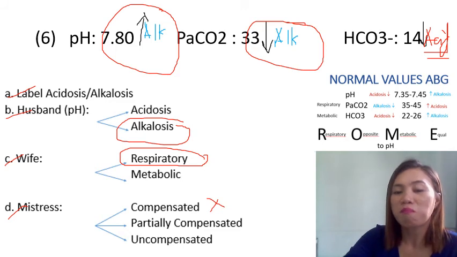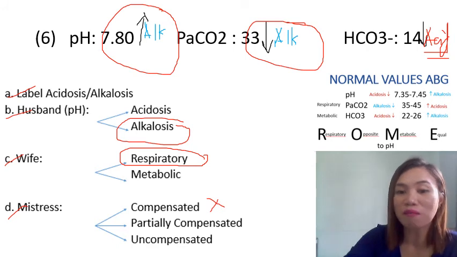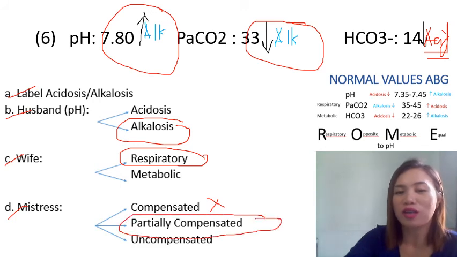Now, is it partially compensated? Yes, it is. Because your bicarbonate, your mistress, is doing something to normalize the pH but is not successful. Therefore, it's partially compensated. This is respiratory alkalosis, partially compensated.